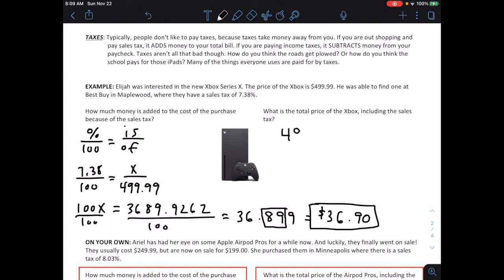So the price of the item is $499.99, and we're going to add the tax, $36.90. So you can grab your calculator to do this, but it ends up being $536.89.